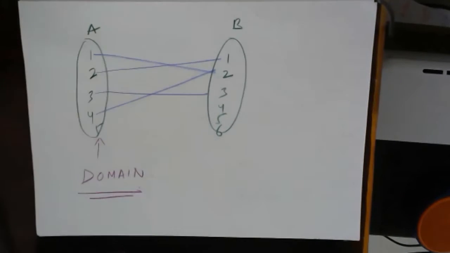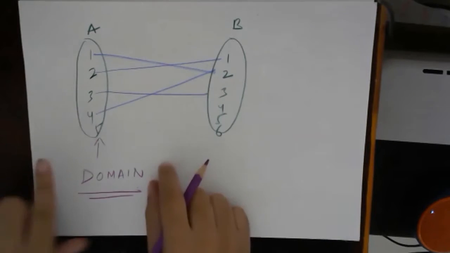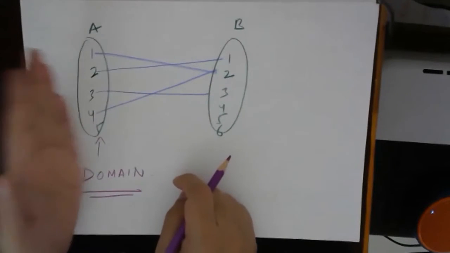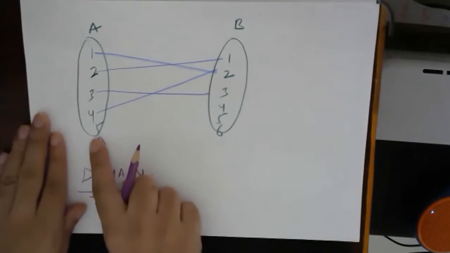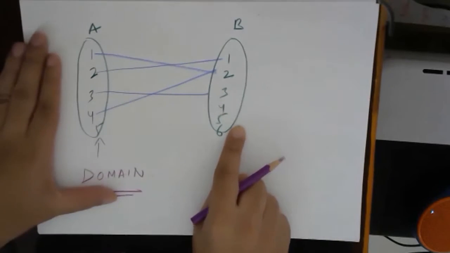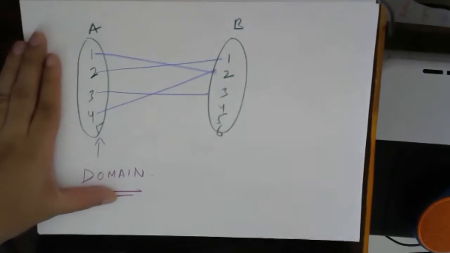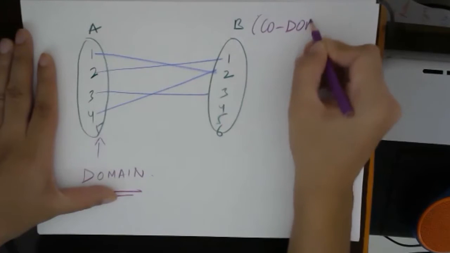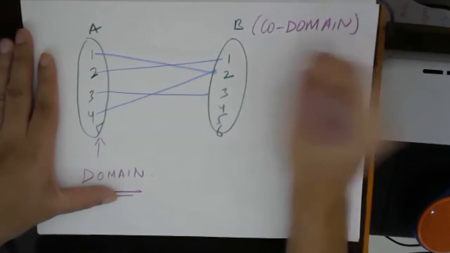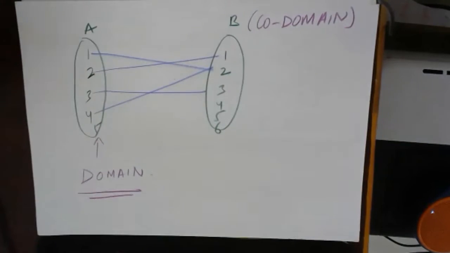If from set A I map to B, this B as a whole set is called the codomain.